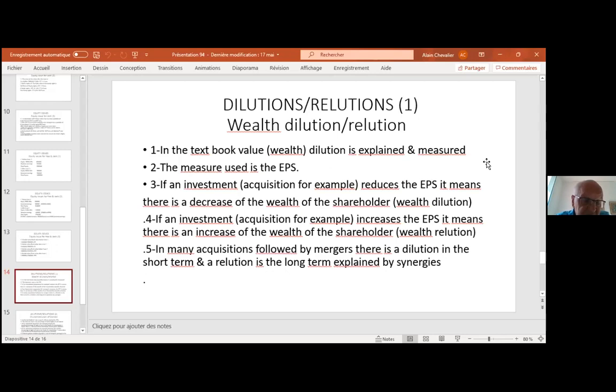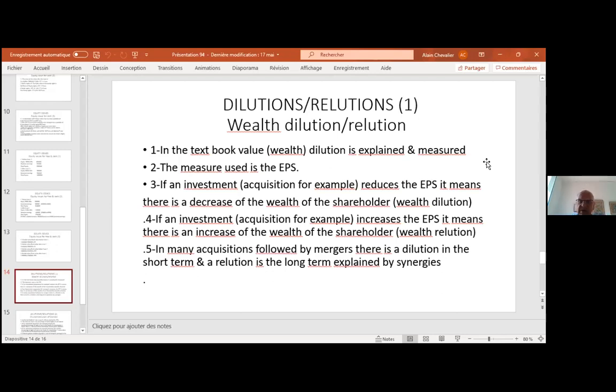But after that, if you are successful in managing the acquisition and your forecast on synergies of sales, synergies of cost, increase in sales, decrease in the cost level, you find what we call an accretion. It means an increase in the earnings per share.